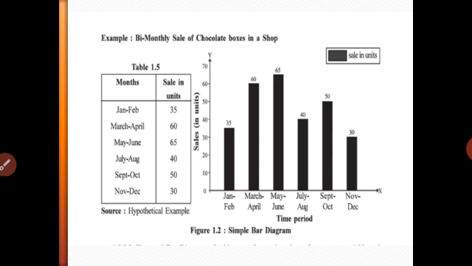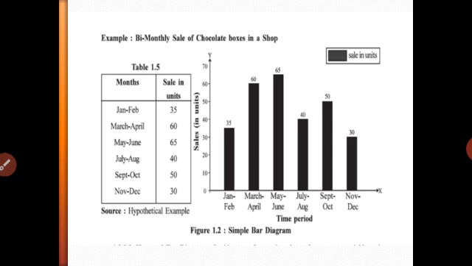Example, you can see Fig 1.2, simple bar diagram. Here the diagram is presented. You can see the time period on the x-axis. Always the independent variable is on x, and time is always independent. So the sales in units depend on the time, so it shows on the y-axis.